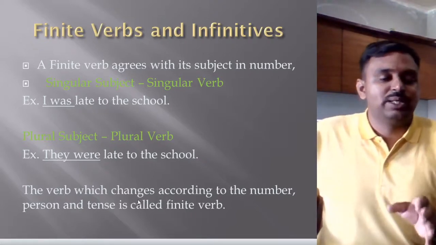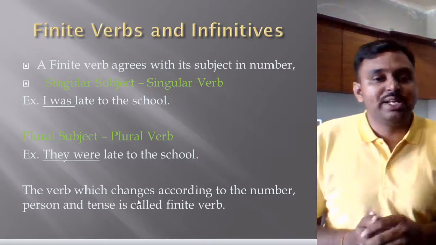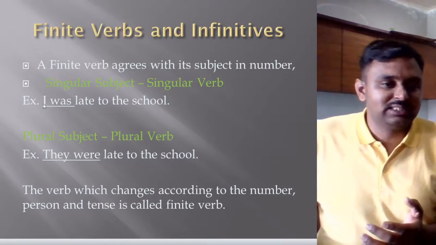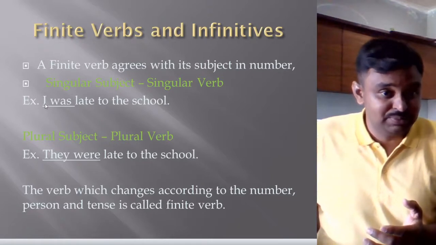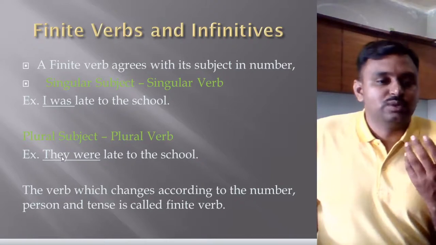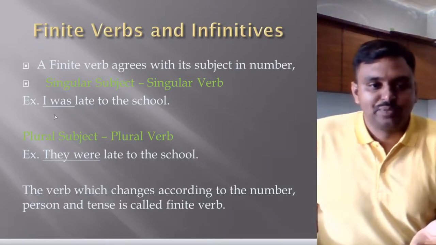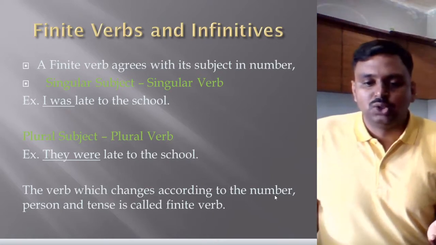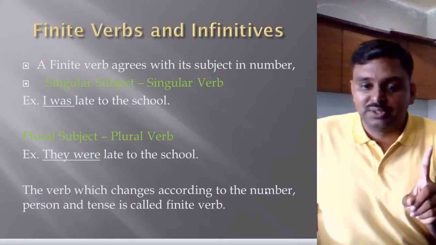A finite verb changes according to the number. If the subject is singular, the verb is singular. If the subject is plural, the verb is plural. So when I change singular and plural, the verb changes.